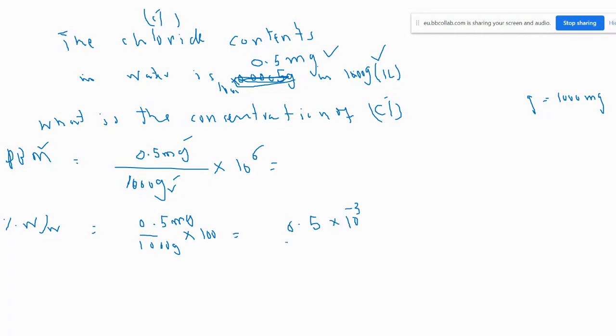Now it is gram and gram. Here you multiply by 100. For ppm, the same: 0.5 multiplied by 10 to the power minus 3, divided by 1000, multiplied by 10 to the power 6.